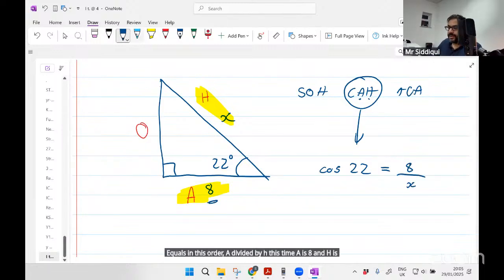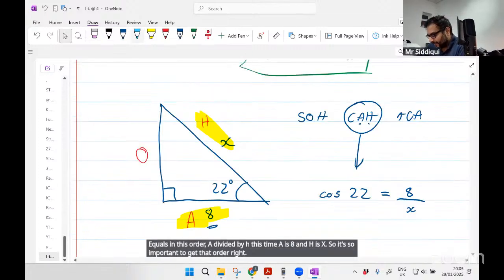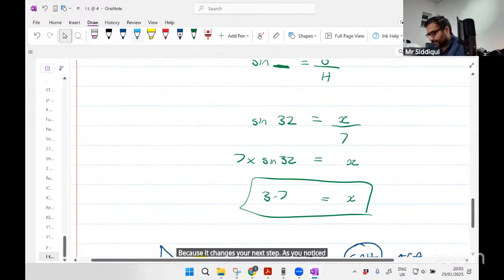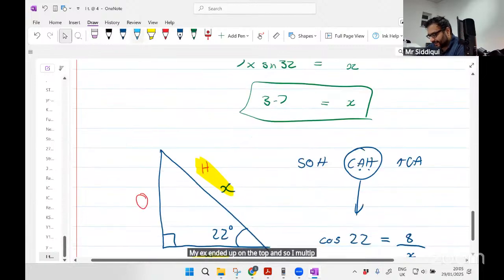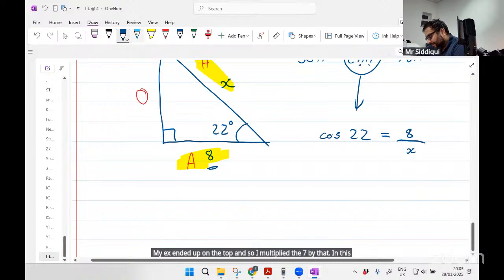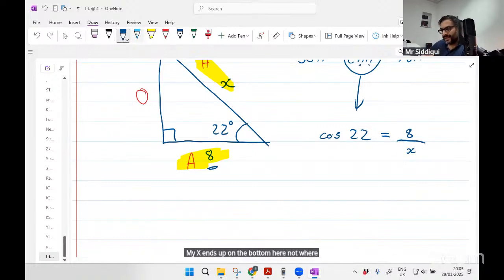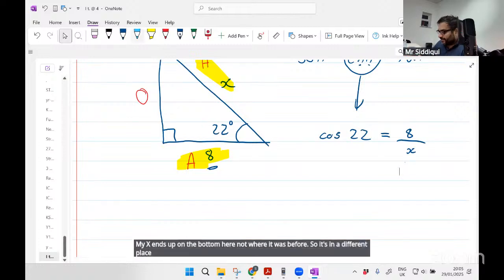So it's so important to get that order right because it changes your next step. As you noticed in the previous question that I made up, my X ended up on the top, and so I multiplied the 7 by that. In this question, my X ends up on the bottom, so it's in a different place, which changes my next step.